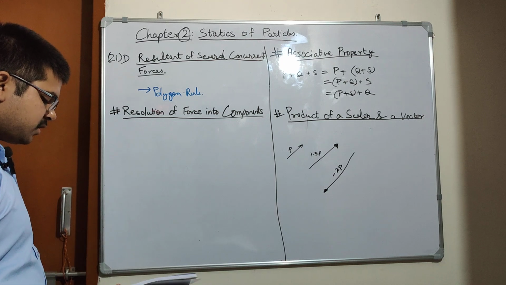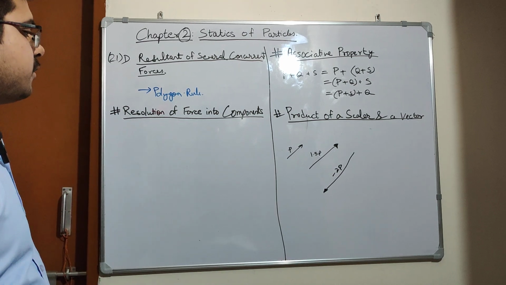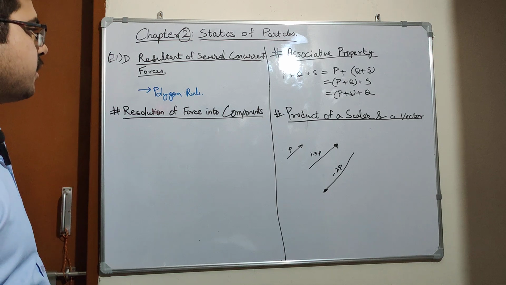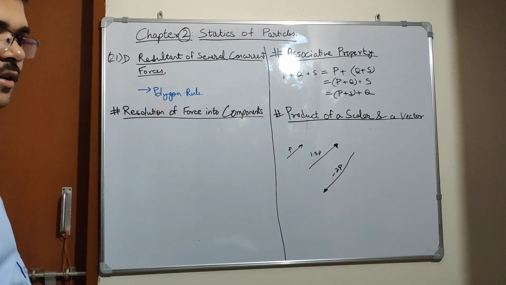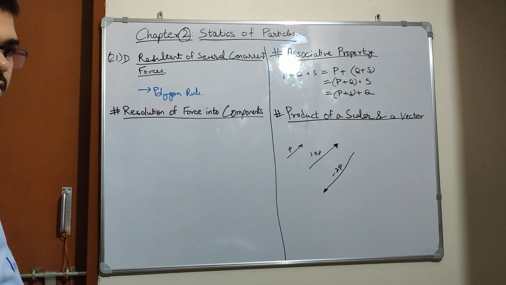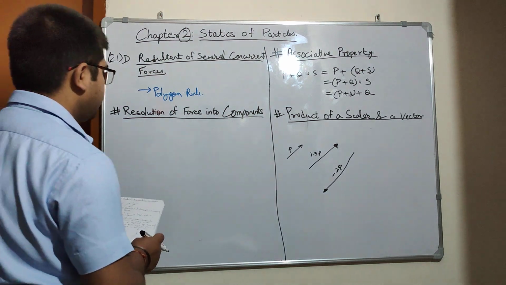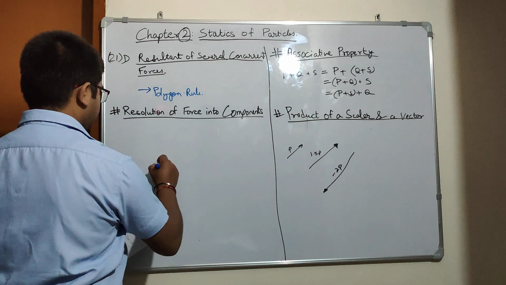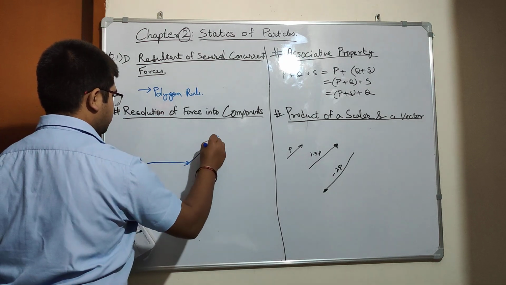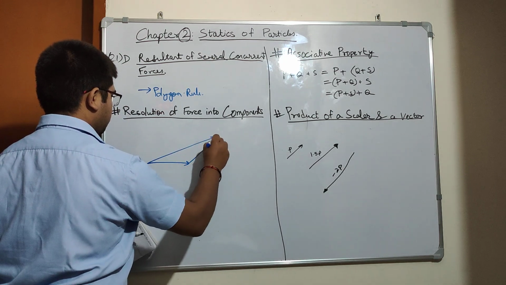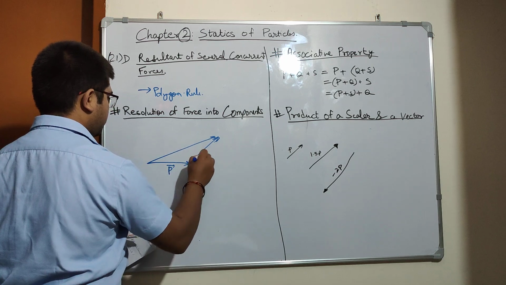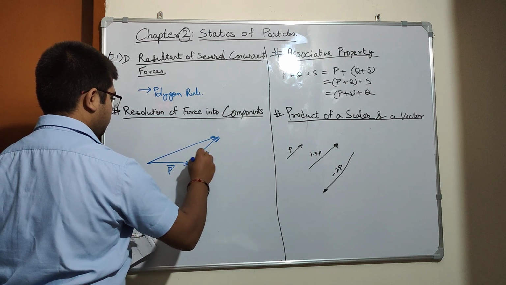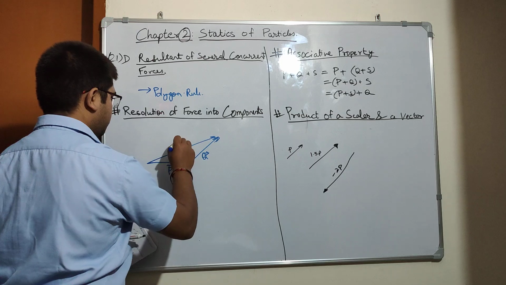So what this means is, now we were adding two forces, P vector and Q vector, and getting the resultant vector R.